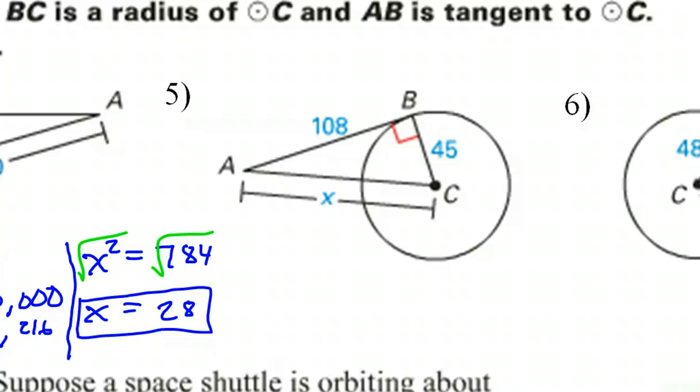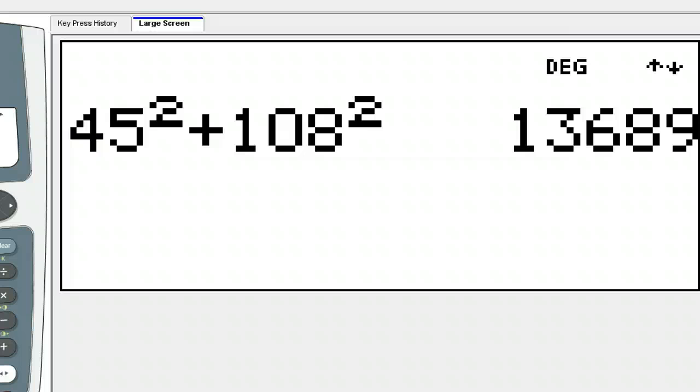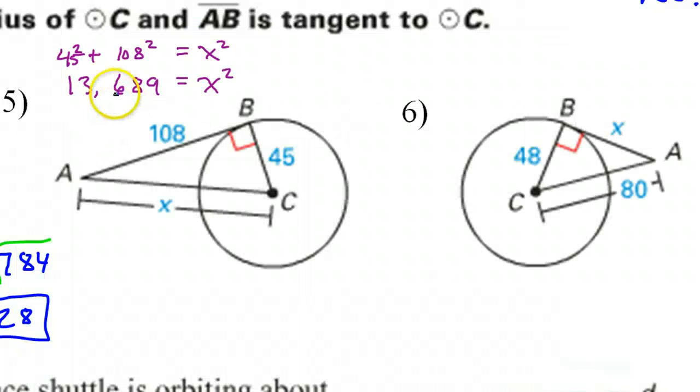Alright, how about number 5? Once again, Pythagorean theorem. So 45 squared plus 108 squared is equal to x squared. Wow, that's a big number. 13,689. So that gives us 13,689 is equal to x squared.